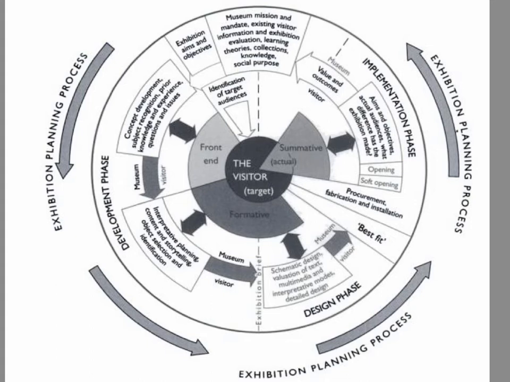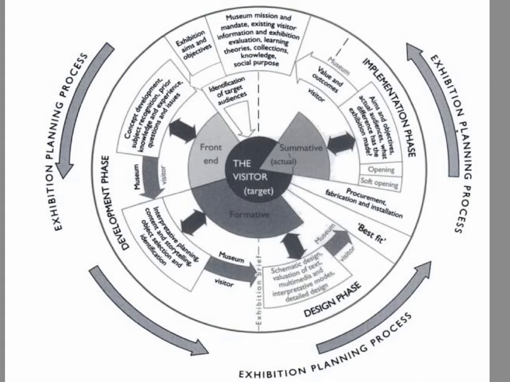Every museum will have slightly different phrases and different ways to break it up. But it's the category of what it takes to develop it, the surveys that you might do, the design phase, different phases in design, and then building, fabrication, installation.